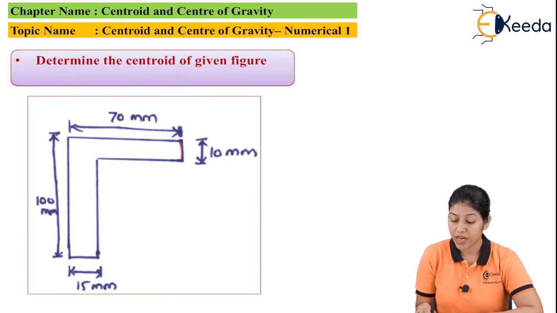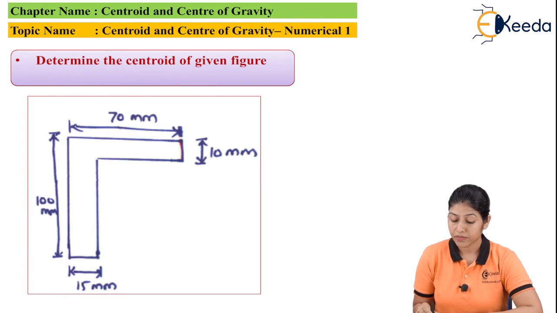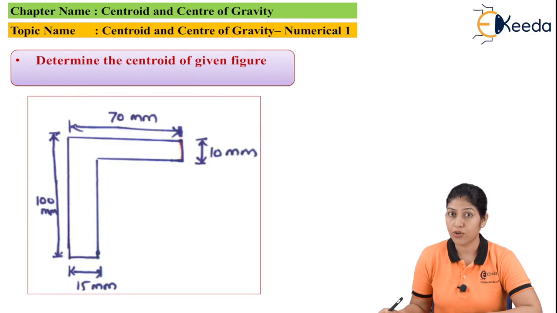So here we have this particular section, this lamina, and it is an asymmetrical lamina. So we have to find out the value of the centroid. As I told you, if we find the centroid for a lamina and it is symmetrical, at the midpoint we generally consider the centroid location.